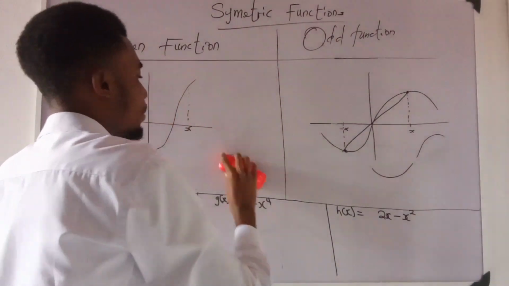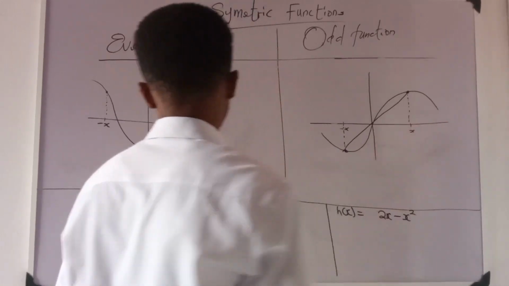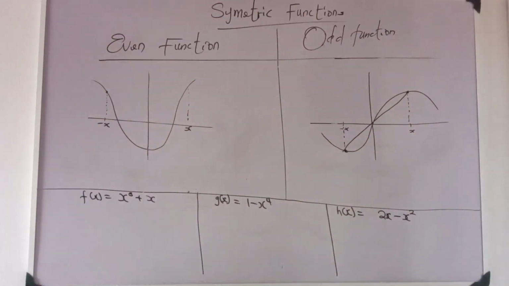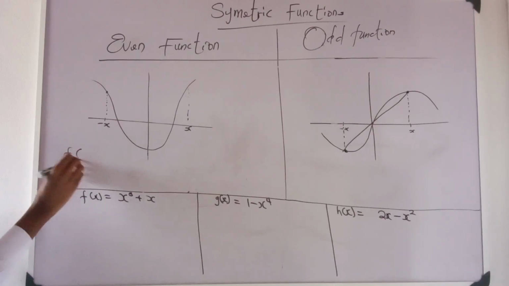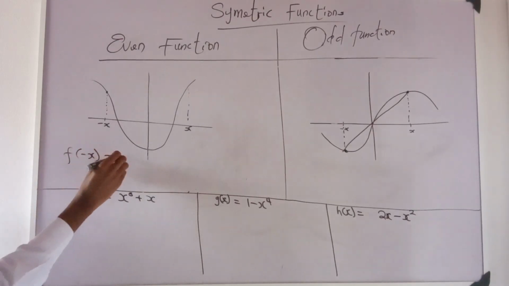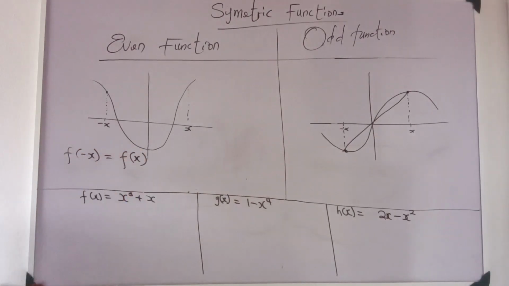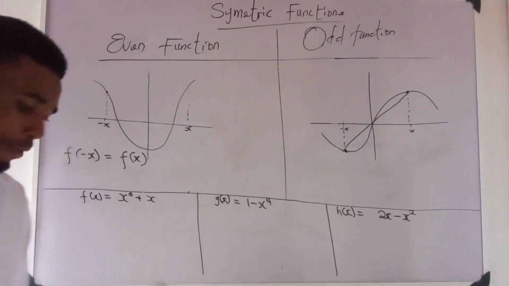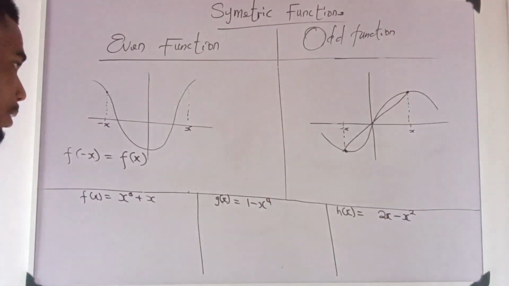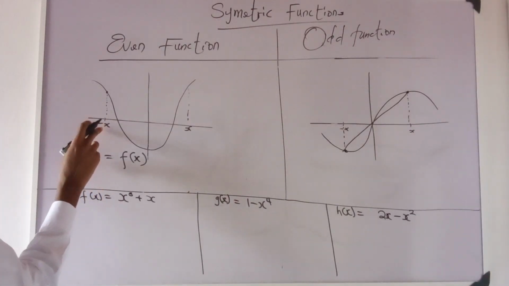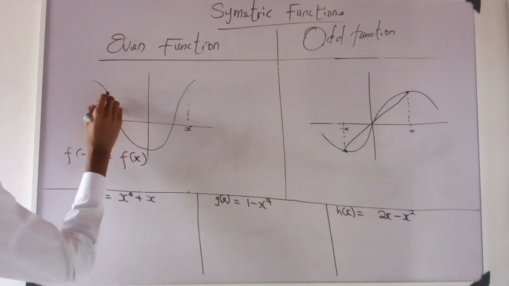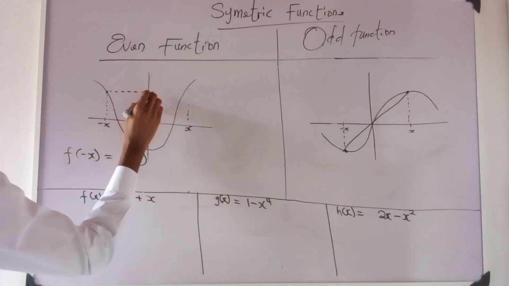All right, so mathematically or algebraically, we say that a function is said to be even if f of minus x is actually equal to f of x. That means that for every negative value of the function produces a positive result. And if you look at this, for every negative x here, the function has a corresponding positive y.